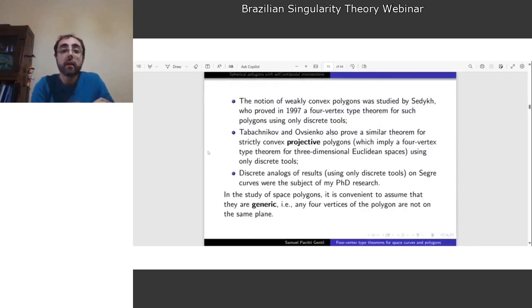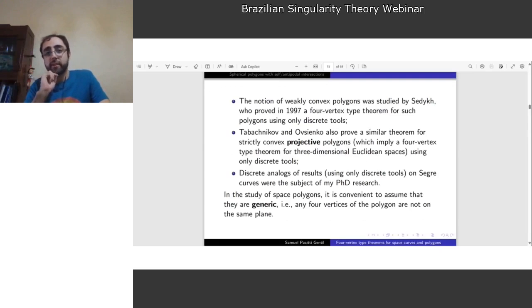Up to this point, the notion of weakly convex polygons was already studied by Sadiq. Recall that he was the same mathematician who proved this theorem, not only for weakly convex polygons, but also for weakly convex curves. He really liked that theorem. He proved the smooth and the discrete versions.